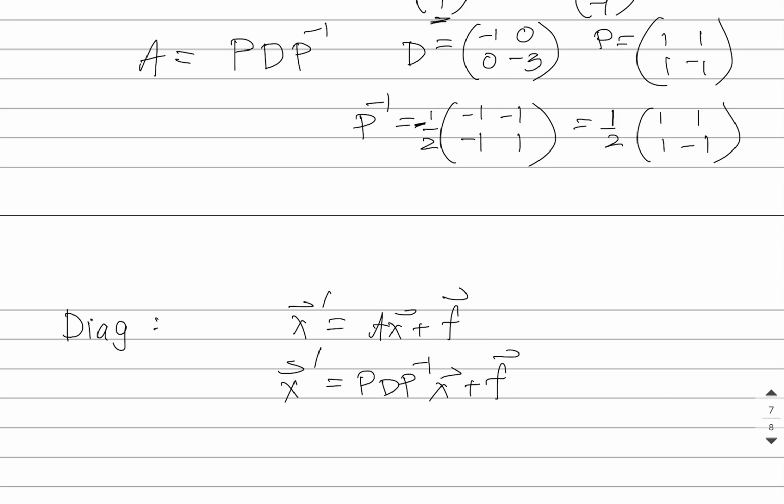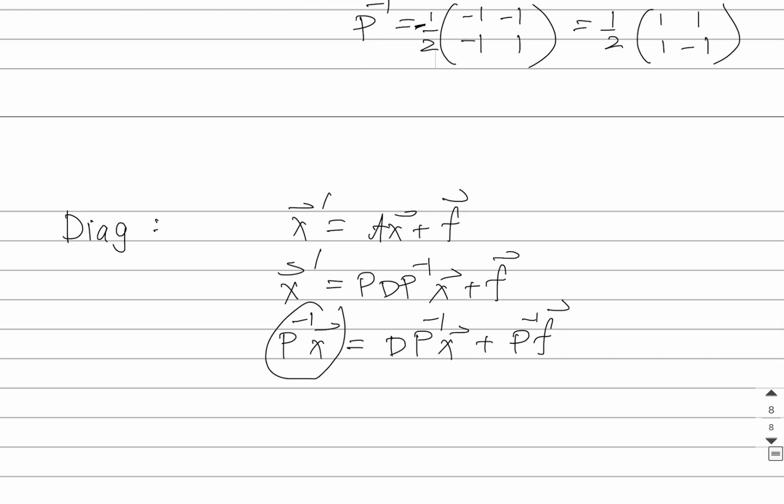We're going to hit everything on the left with P inverse. And that means we're going to make a new substitution here. We'll have that z prime vector is Dz plus P inverse f. So we need to construct this new system.